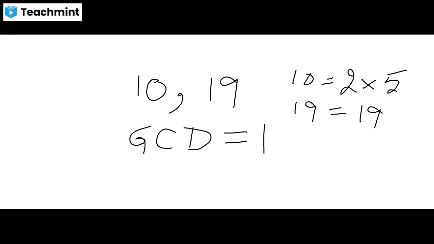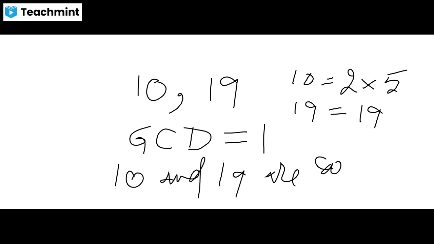And this pair of numbers 10 and 19 whose GCD is 1 are called co-prime numbers. Co-prime.